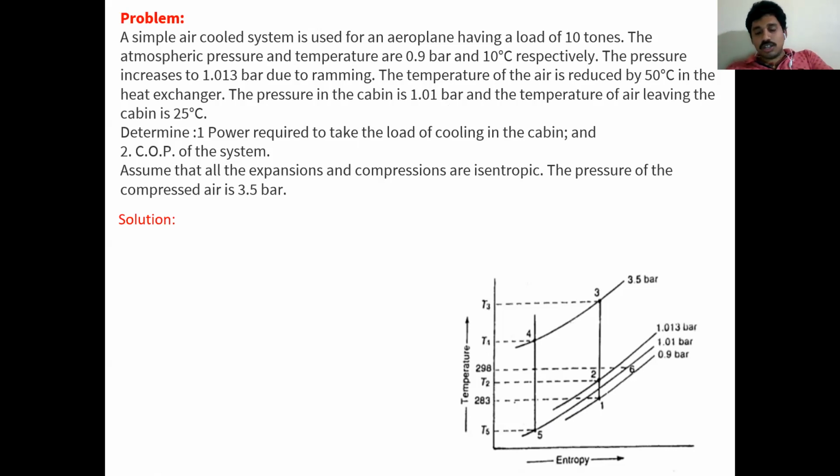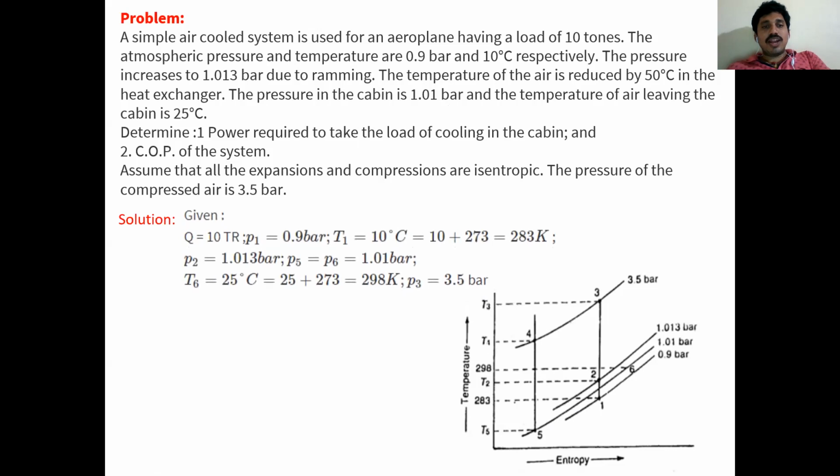So this is the TS diagram. We'll write the data. Q is 10 TR, which means the amount of refrigerating effect removed from the cooled space, that is 10 tons of refrigeration. P1 is 0.9 bar, T1 is 10 degrees Celsius, which in Kelvin is 283 Kelvin.